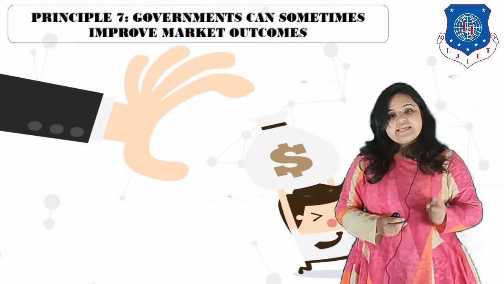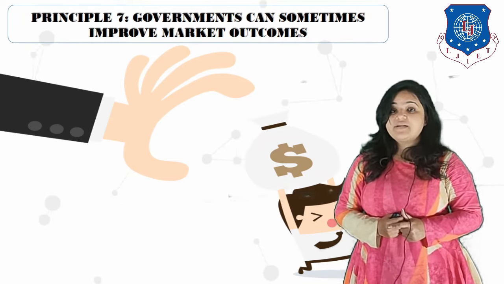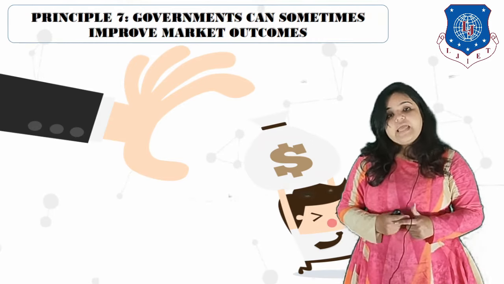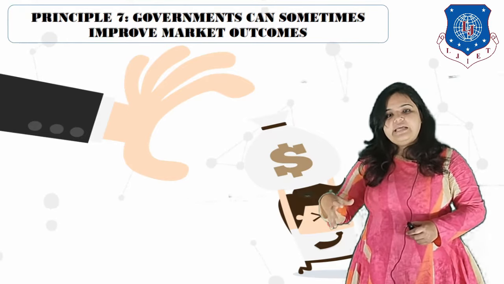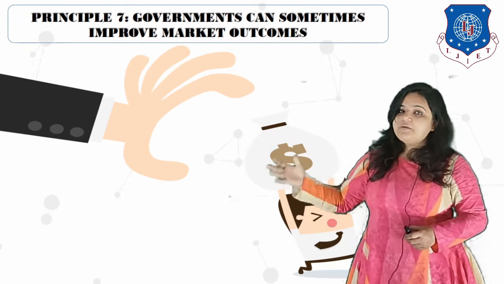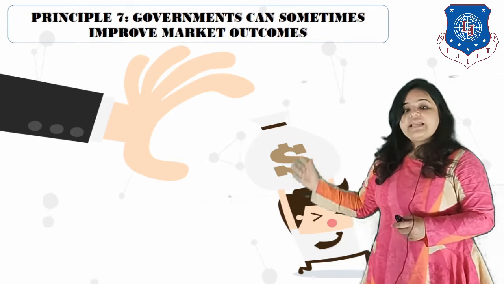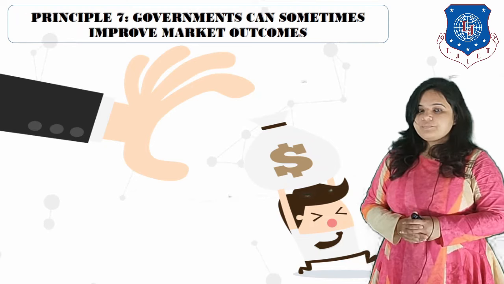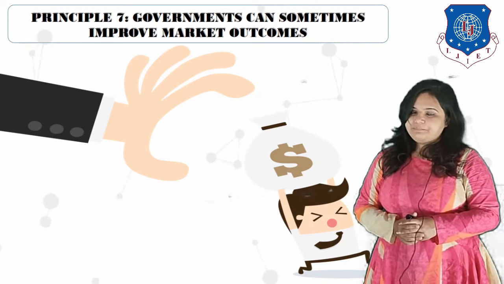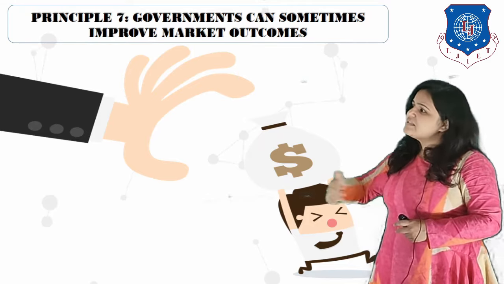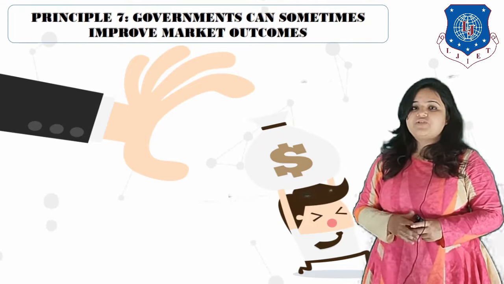The first case, when there is a rise of externalities. Externalities means someone who is external to the market. If they are affected by the market activities, then government will have to interfere. I'll give you an example. Say for example, there is a chemical factory. It releases its chemical waste in a nearby water stream.